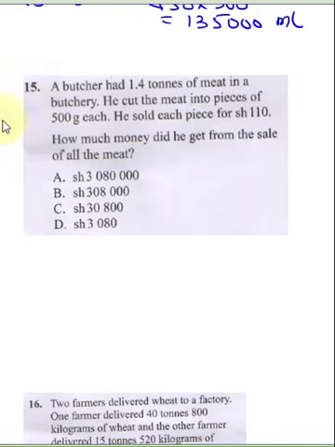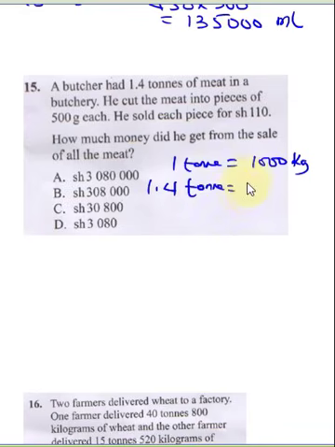Now notice he had 1.4 tons of meat. Now the first thing I want you to know is 1 ton is 1000 kg. So that means 1.4 tons will give us 1.4 times 1000. You move your decimal places, 1, 2, 3.